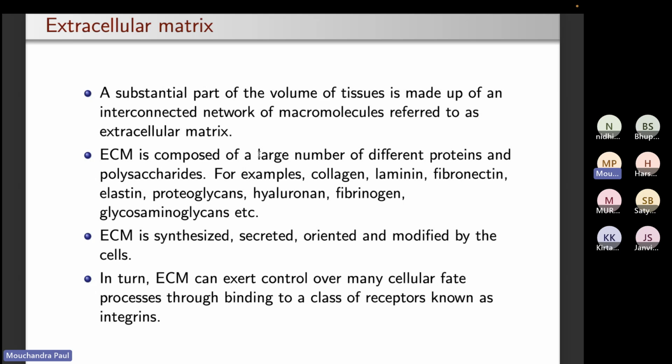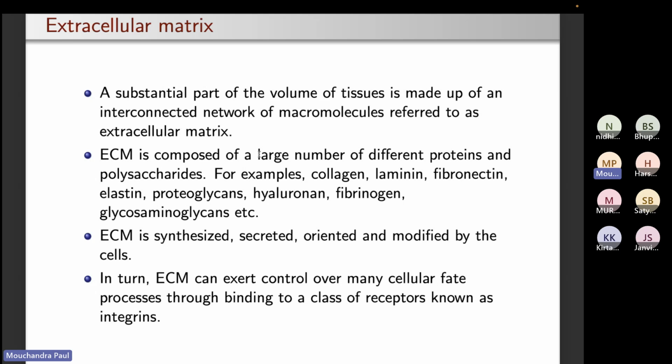What is ECM composed of, what is the function of ECM, etc. A substantial part of the volume of tissues is made up of this ECM. So ECM is basically an interconnected network of macromolecules. If you want to visualize how it looks, it has a jelly-like texture, like gelatin, within which the cells are floating, migrating and communicating.